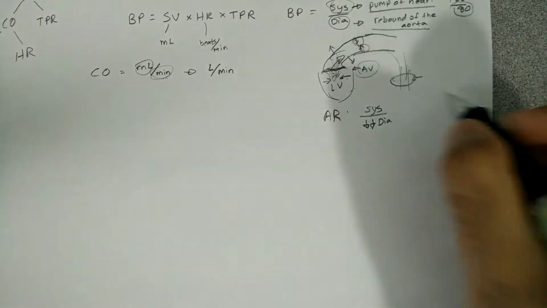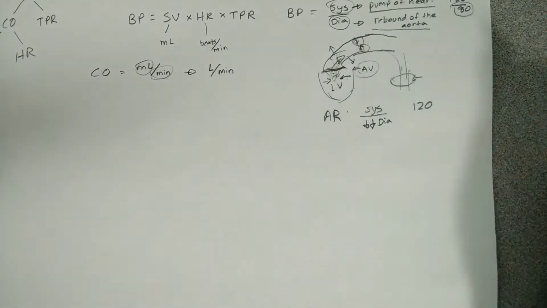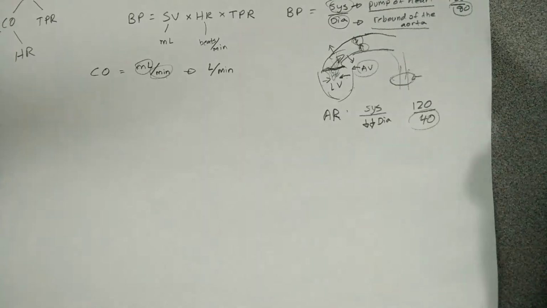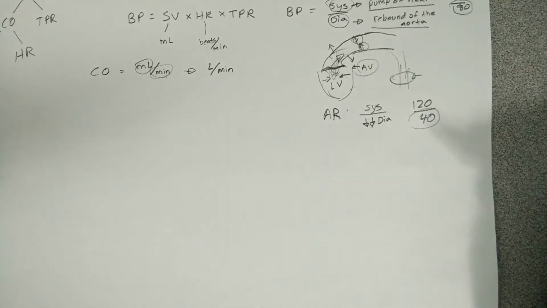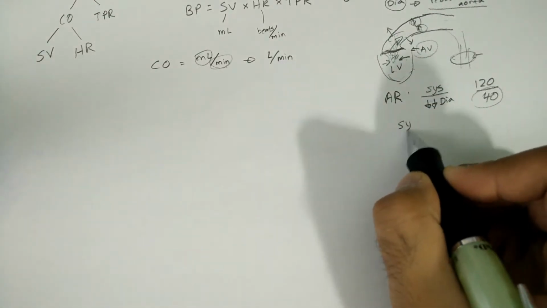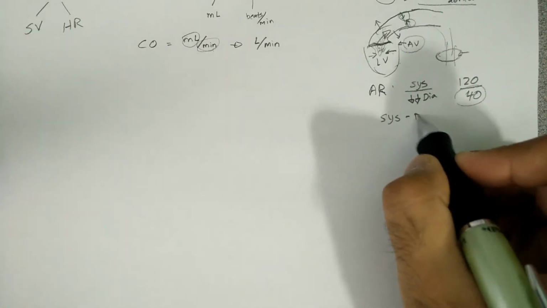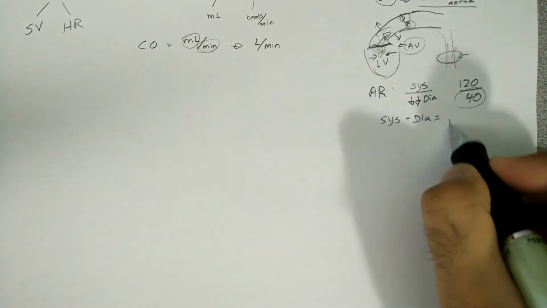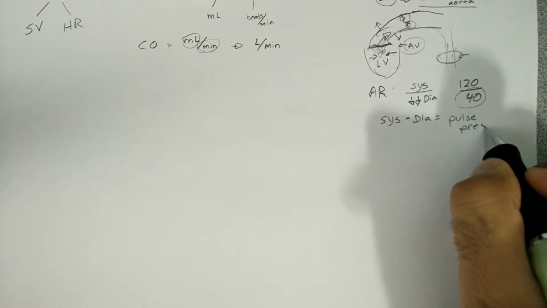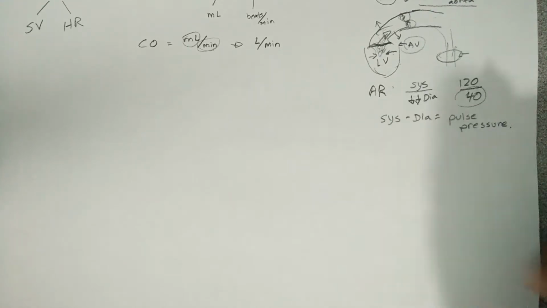For example, you might see a blood pressure in your test question of 120 over 40. And the second you see that, you know right away that that's aortic regurgitation. There's another term that they like to use, called systolic minus diastolic. This is equal to the pulse pressure. So in aortic regurgitation, you have an elevated pulse pressure.